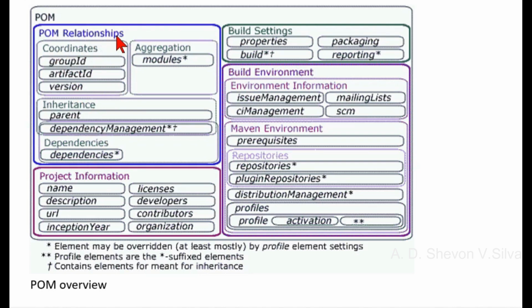POM relationships. The most powerful aspect of Maven is its handling of project relationships. This includes dependencies and transitive dependencies, inheritance, and aggregation (multi-module projects). Dependency management has a long tradition of being a complicated mesh for anything but the most trivial of projects.